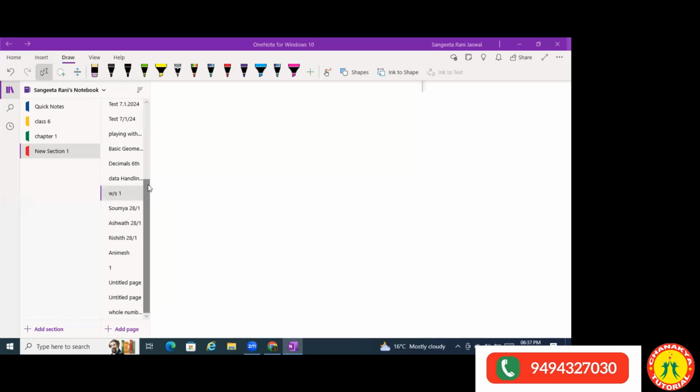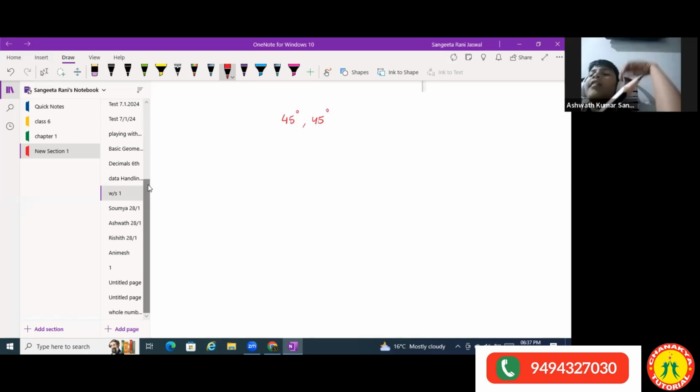We also studied the geometrical instruments. In your geometry box, what kind of instruments do we have? We have a protractor, ruler, compass, then we have set squares. We have 2 set squares. One set square has angles 45 degrees, 45 degrees, and 90 degrees, a right angle isosceles triangle.